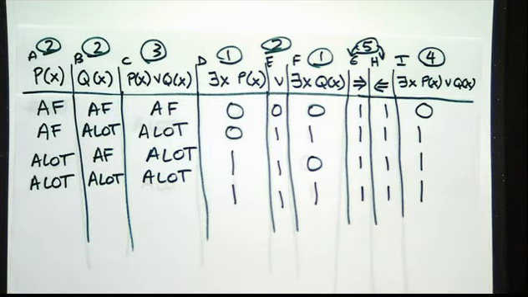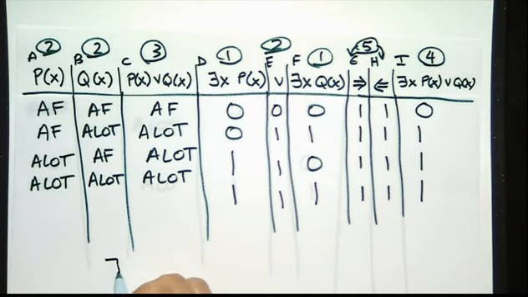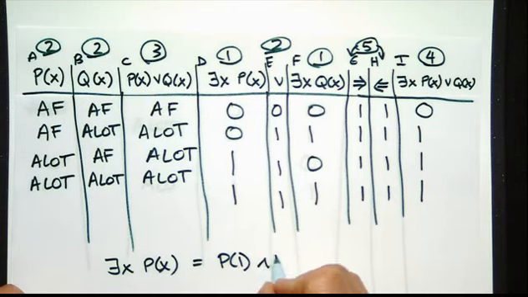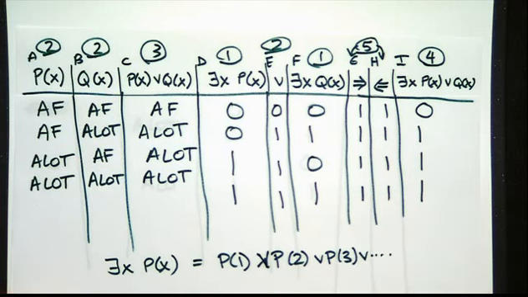The other reason why it makes sense is, if you remember, we talked about how there exists is the same as ORing together all the values of the statement inside over the entire universe. So, for example, if my universe was counting numbers, then there exists X, P of X is P of 1 or P of 2 or P of 3 or so on forever.